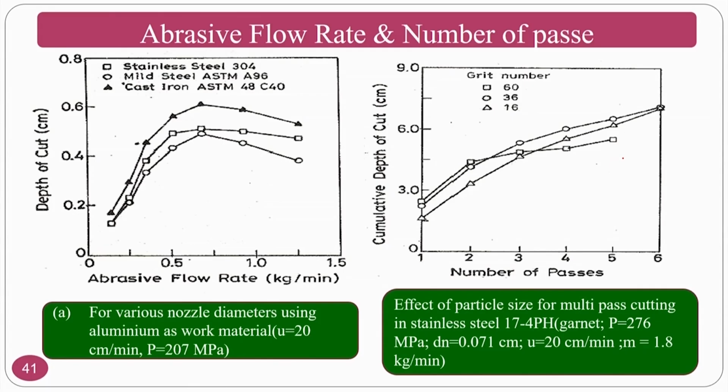Here, the grit number is 60, so the cumulative depth of cut is very less. For 36 and 16, you are going to achieve approximately the same cumulative depth of cut. That means if your abrasive particle is big, if the grit number is less, the abrasive particle is slightly bigger. If the abrasive particle is coarser, the depth of cut that you are going to achieve is higher.